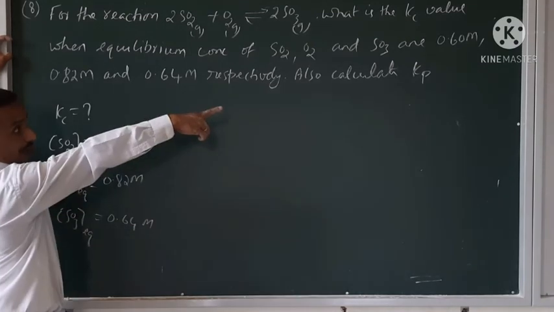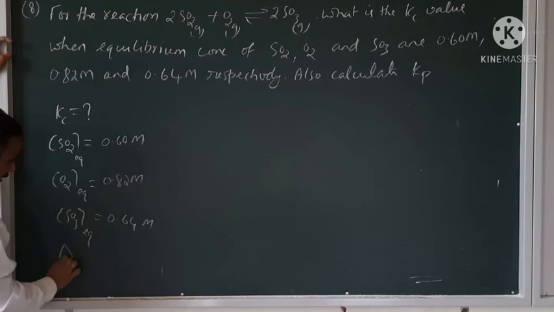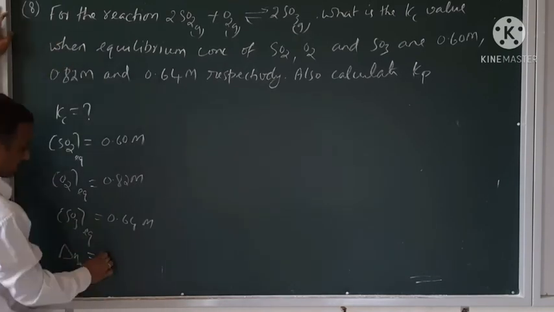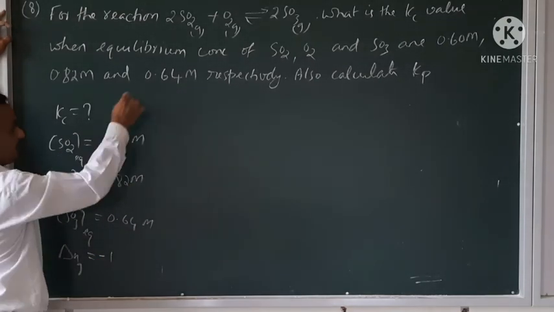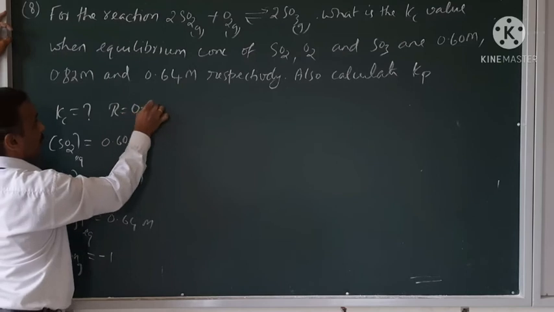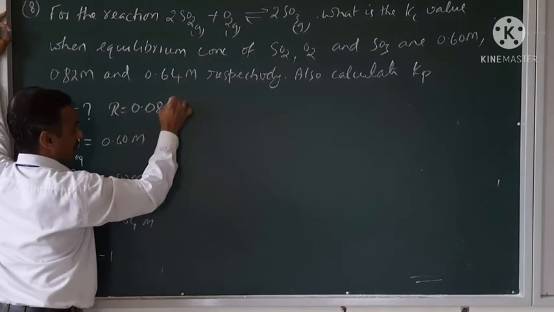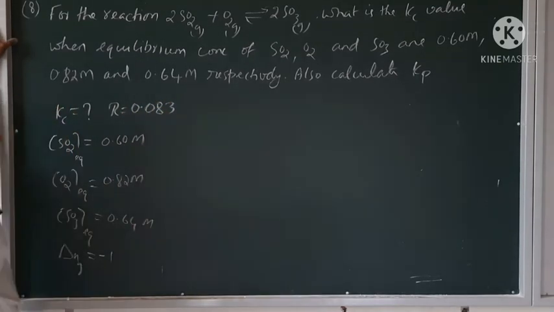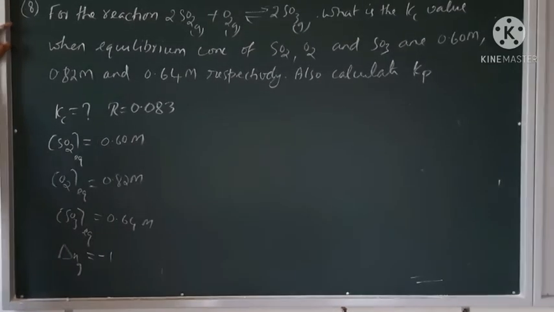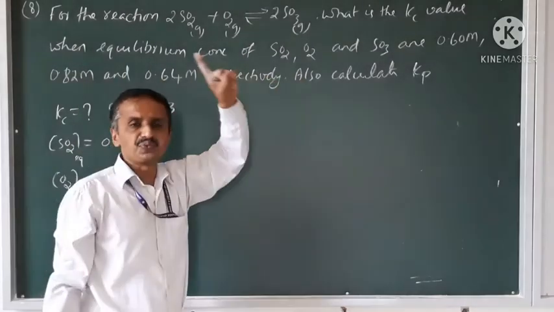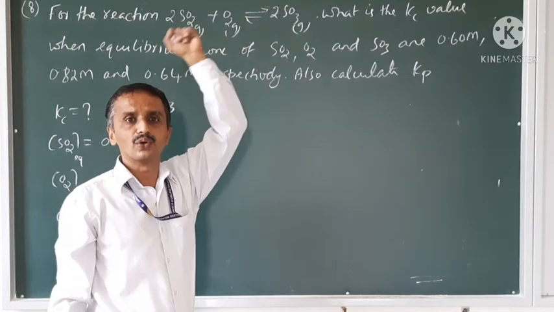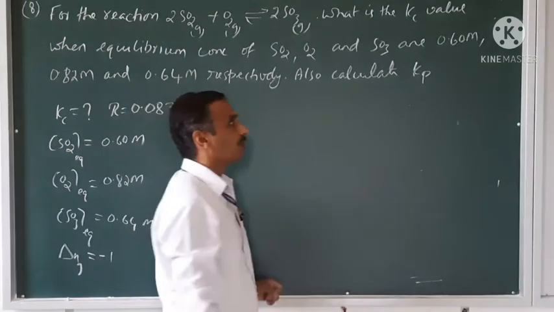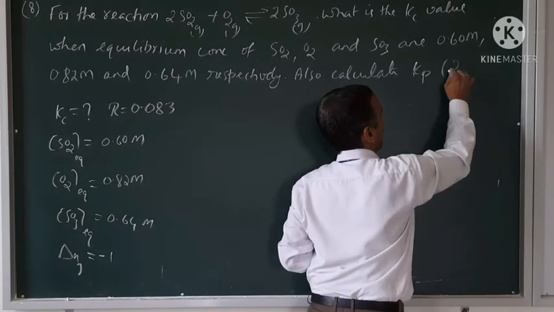And finally you have to calculate Kp also. So delta n of the gas, I can write it over there. It is 2 minus 3, which is minus 1. So I have to calculate the Kp also. So I can write R is equal to 0.082. It continues, so I can make it 0.083 also. And see, if they don't give the temperature, you have to take the standard temperature of 25 degrees Celsius, or 298 Kelvin.